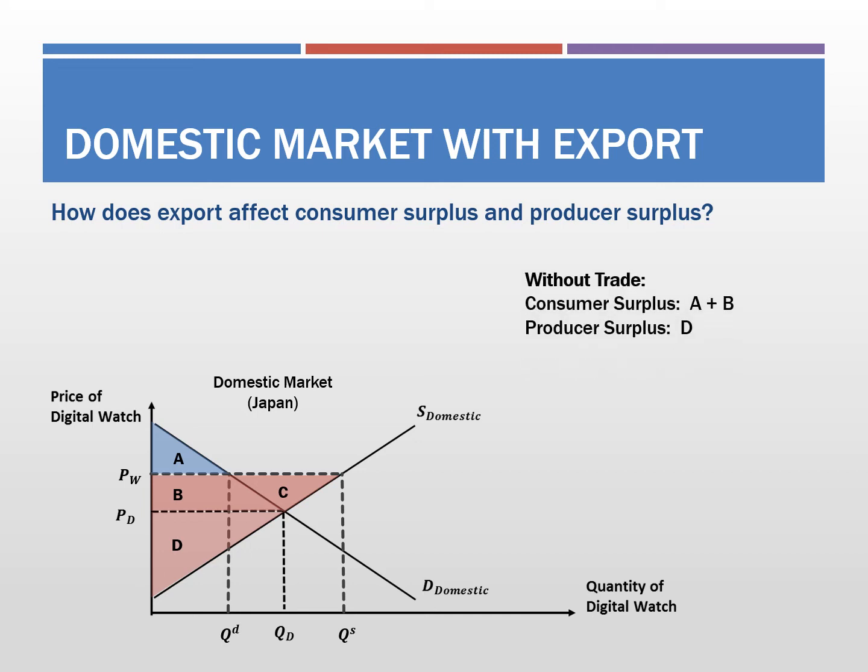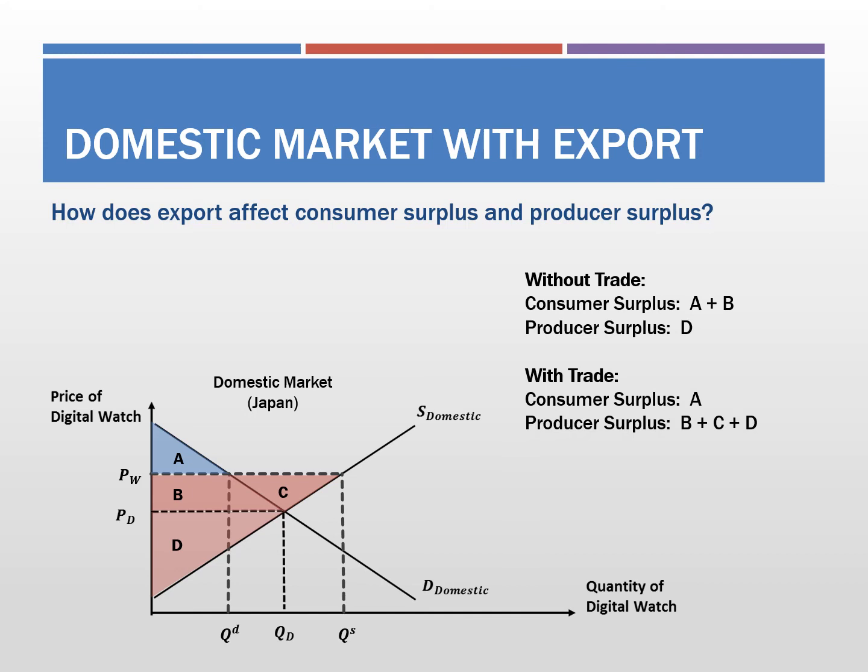So by the end, we can see that without any trade in Japan, the consumer surplus will be areas A and B in the graph, and the producer surplus will be area D. The combination of the three will be the total surplus without any trade.